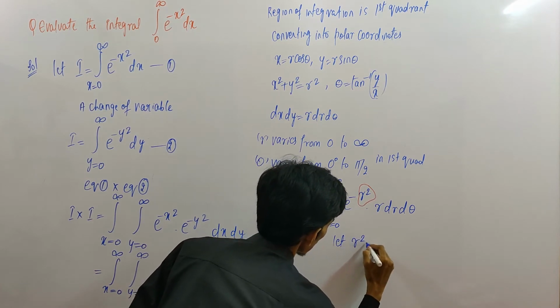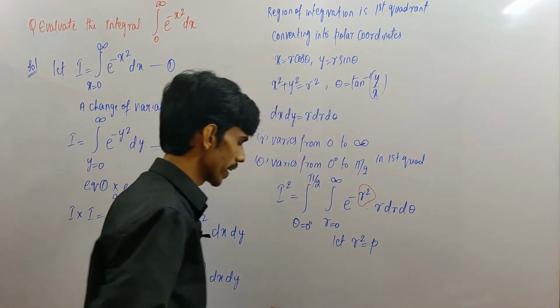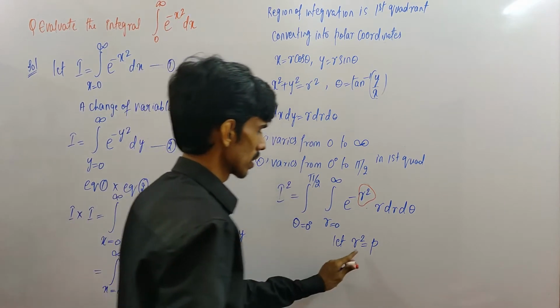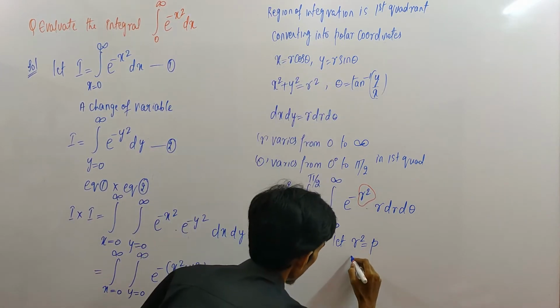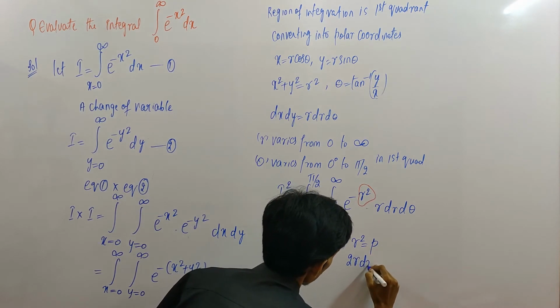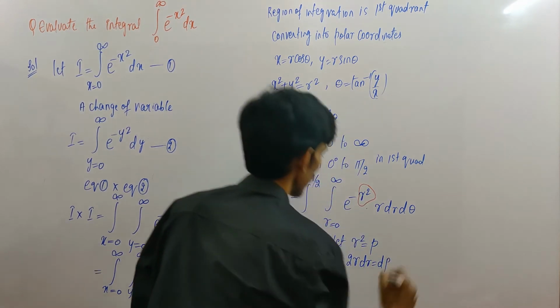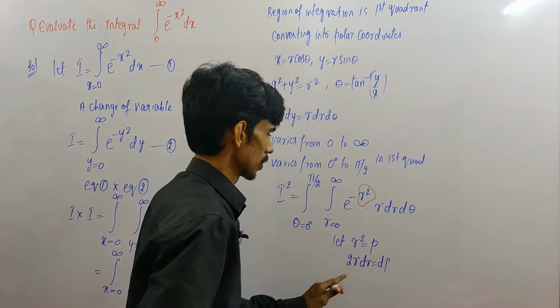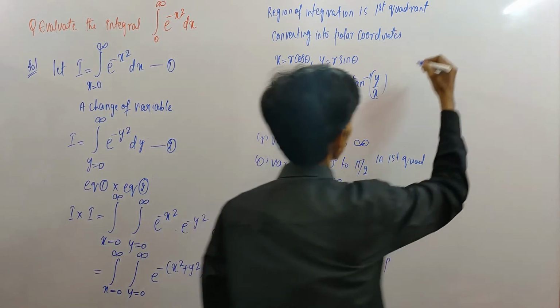Let r square be some dummy variable p. Differentiating with respect to r, we have 2r dr equals dp. Now change of limits.